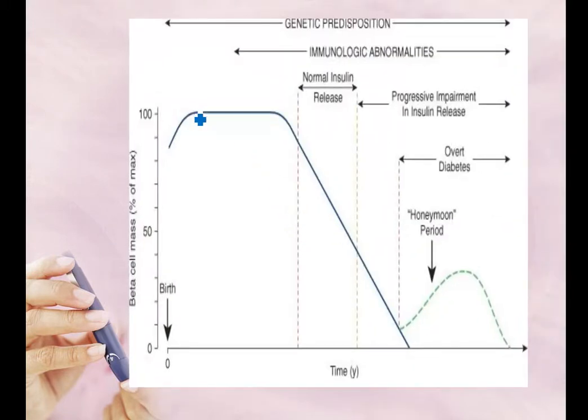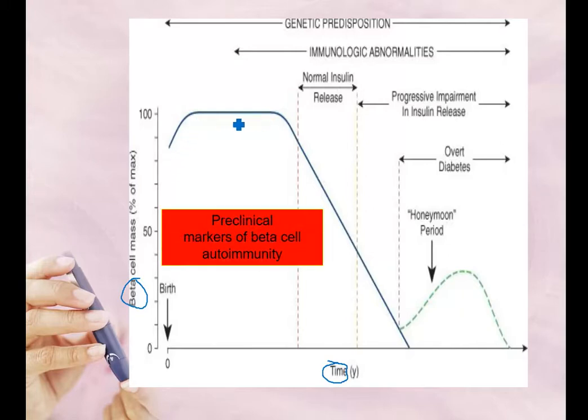In this slide, the vertical line shows the percentage of beta cell mass, whereas the horizontal line shows time in years. In the beginning, before the destruction of the beta cell mass, this is a stage of the preclinical marker of beta cell autoimmunity.